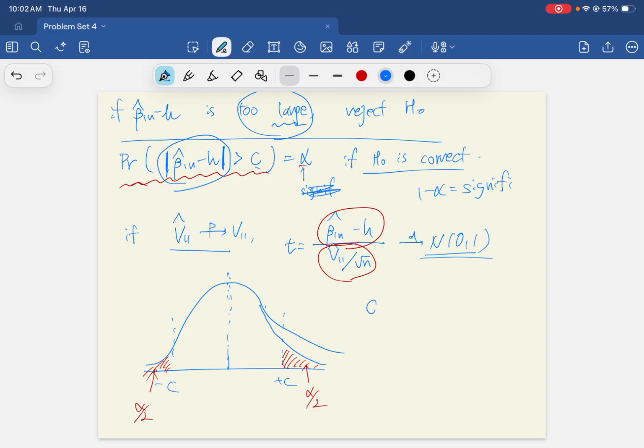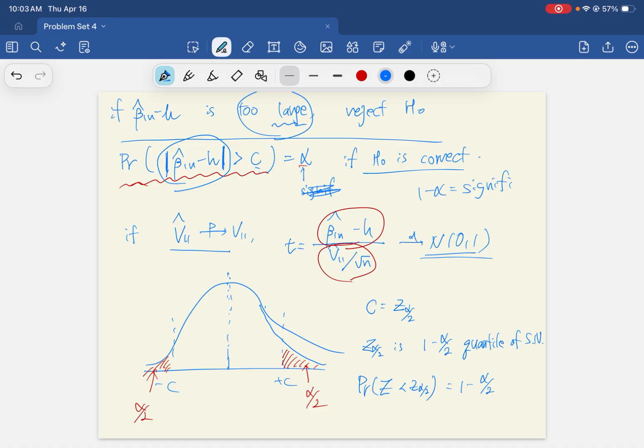That implies we usually write C as Z subscript alpha over 2. The definition of Z alpha over 2 is the 1 minus alpha over 2 quantile of standard normal distribution. In other words, the probability of standard normal distribution less than Z alpha over 2 should be 1 minus alpha over 2.